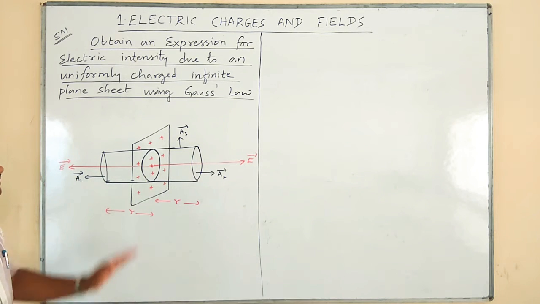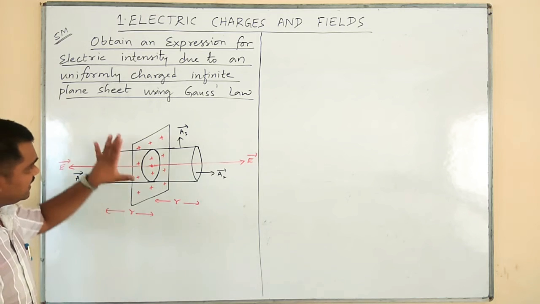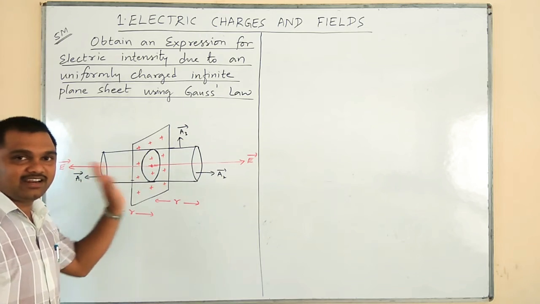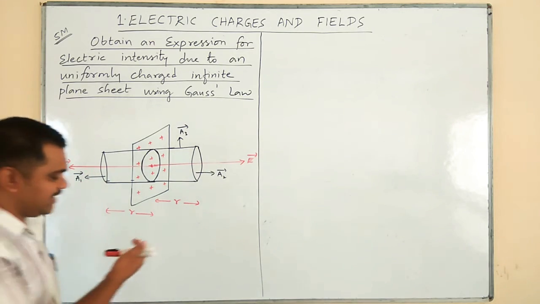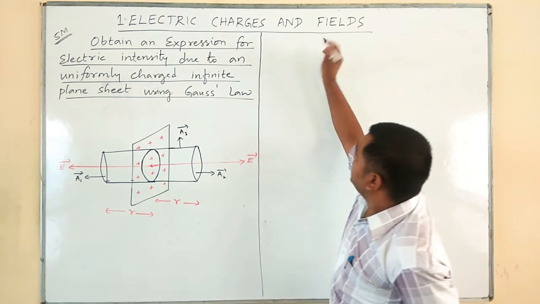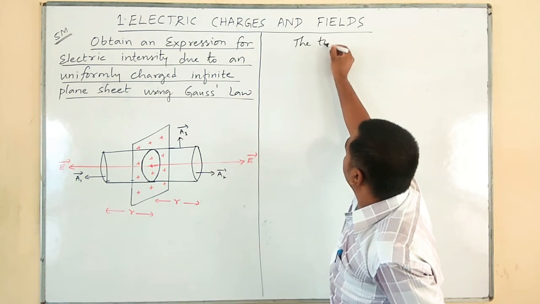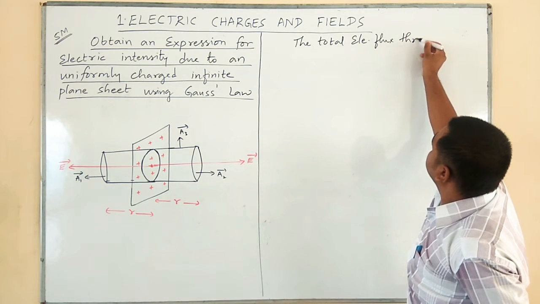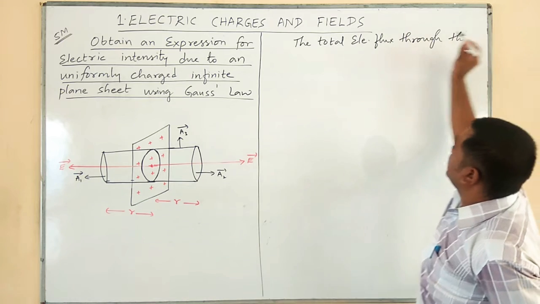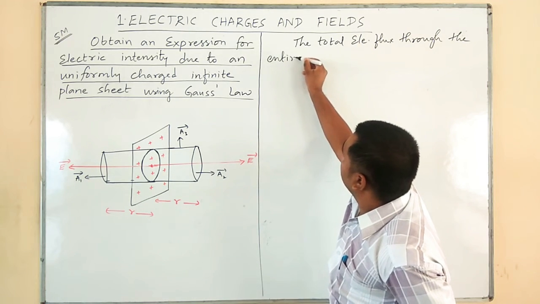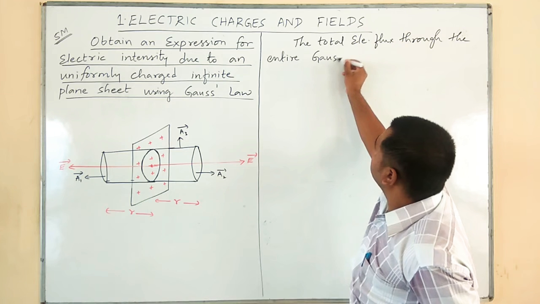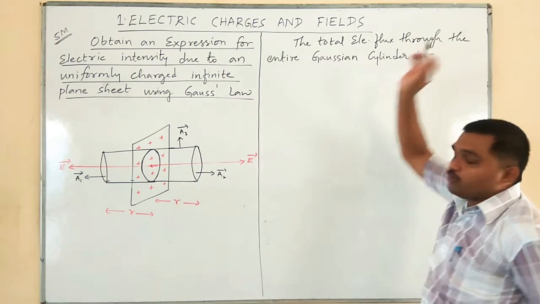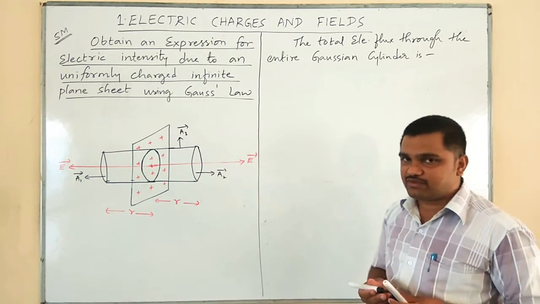Next, what is the second rule one should follow? That is, we have to calculate the total electric flux through this entire Gaussian surface, isn't it? We know that the total electric flux through the entire Gaussian cylinder is, let us consider three fluxes.